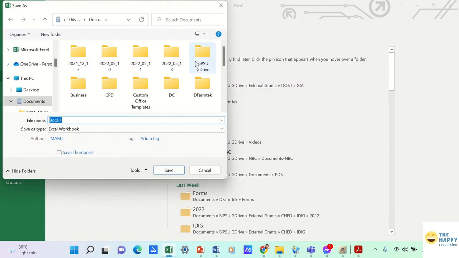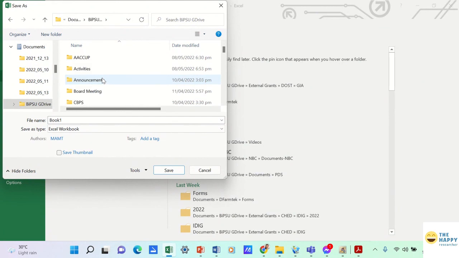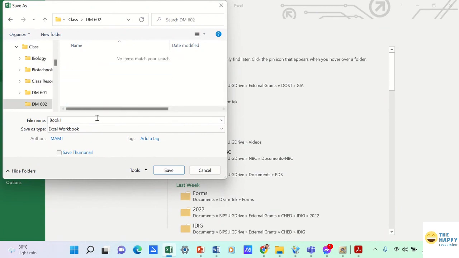You also have to give me the Excel form of your data analysis, or your encoded data.